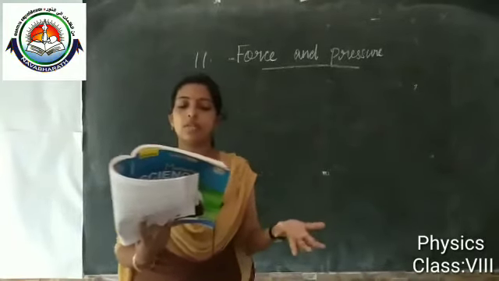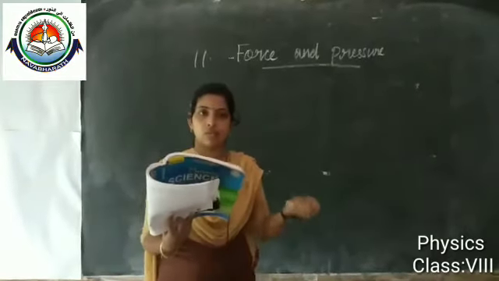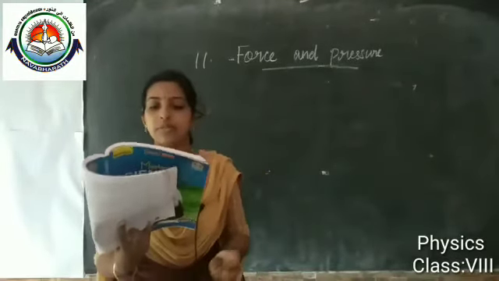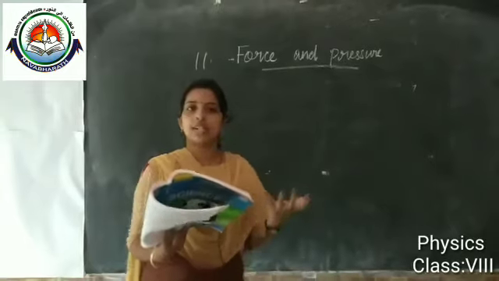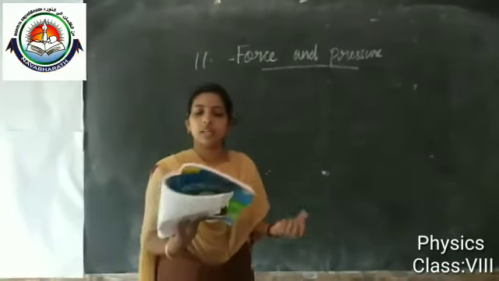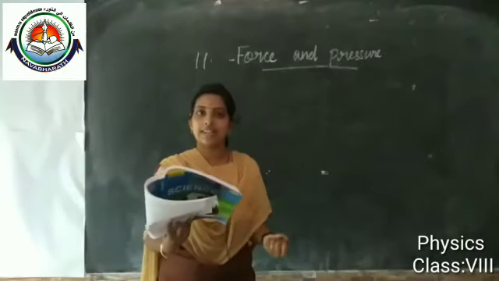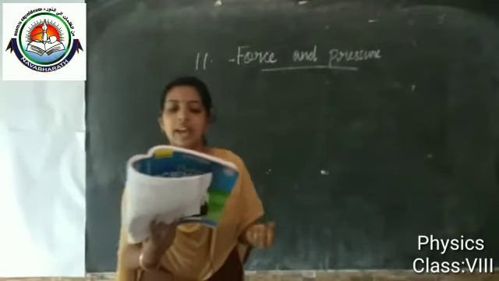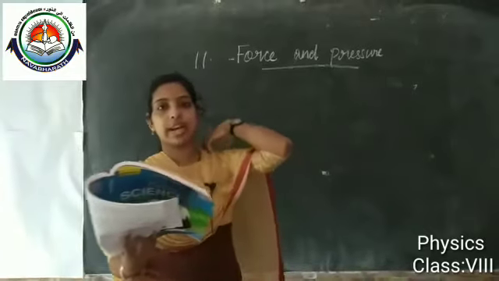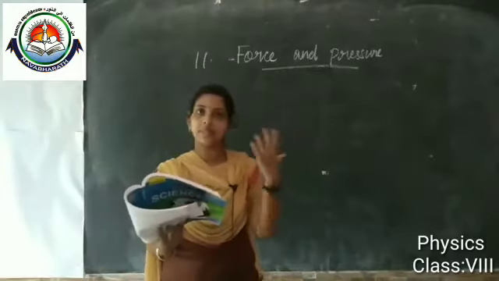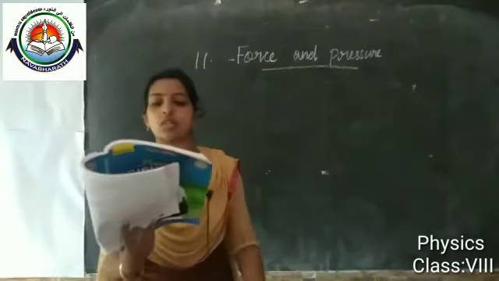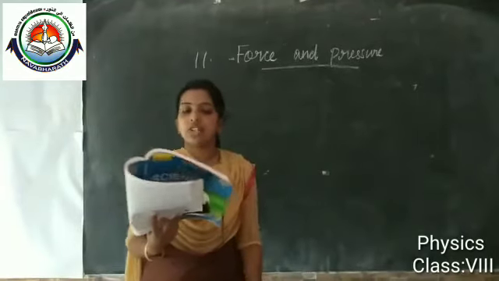Muscular force is mainly the force exerted by the muscles, and frictional force is an opposing force, right? Then gravitational force is the answer. Because of the gravity, earth attracts the object towards its center. So option C, gravitational force.